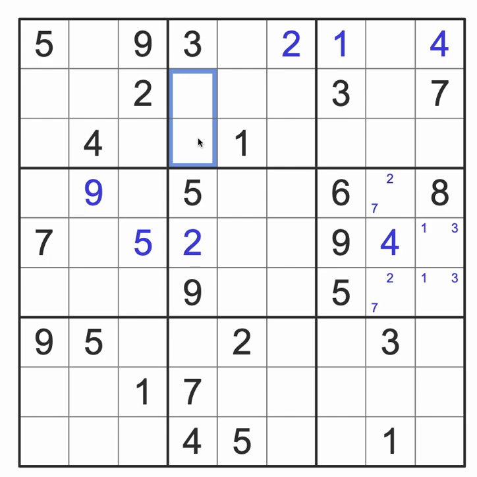Okay, so for column 4, which doesn't have 1 yet, this 1 blocks these 2, gives me 1 here. Now I have 6, 8 double here.